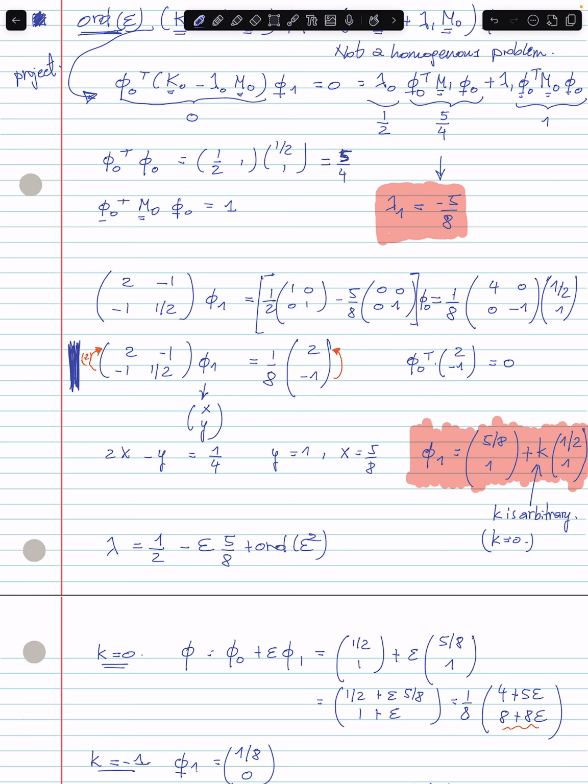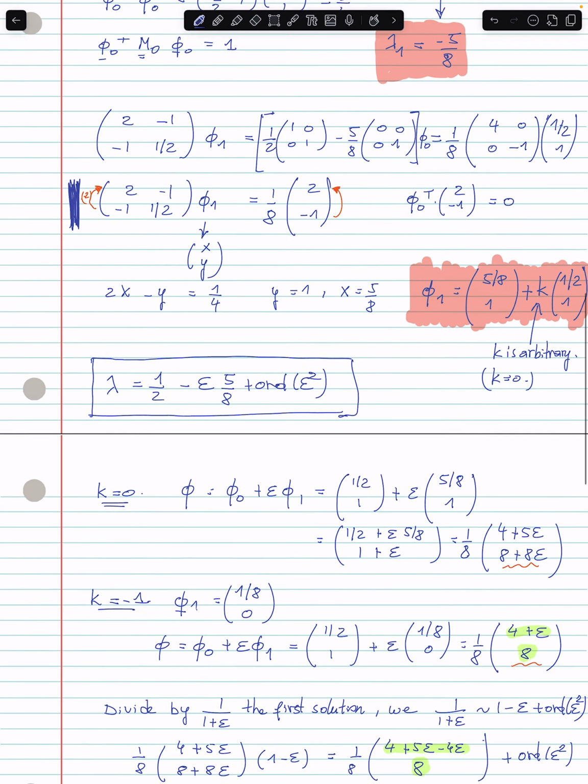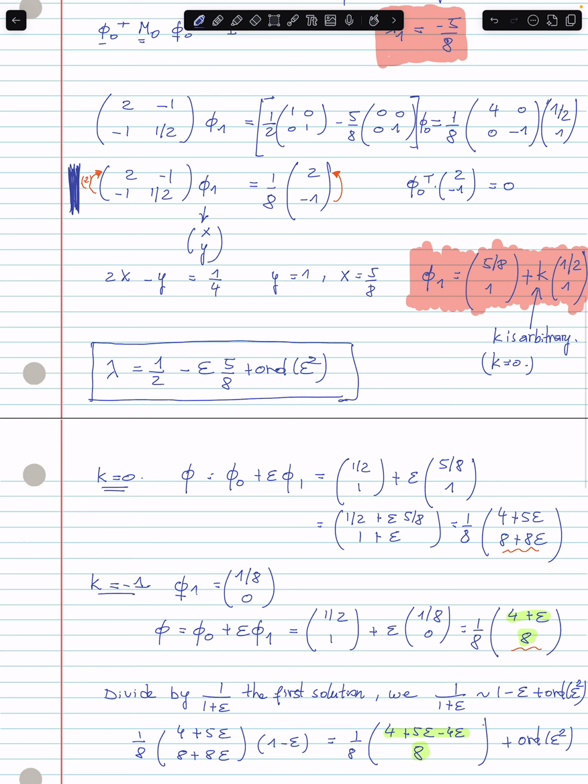All right. So that's the solution of the problem, right? This all together with the corresponding eigenvector. All right.